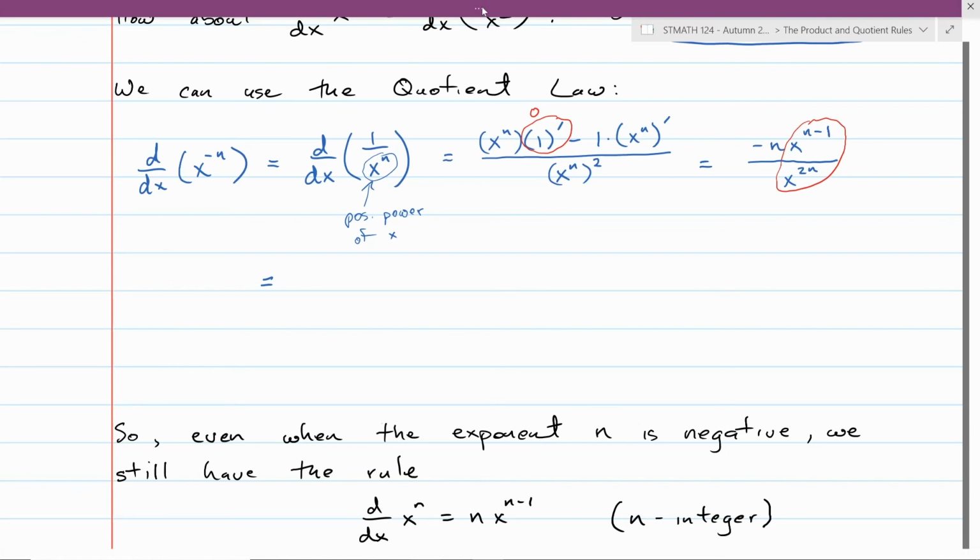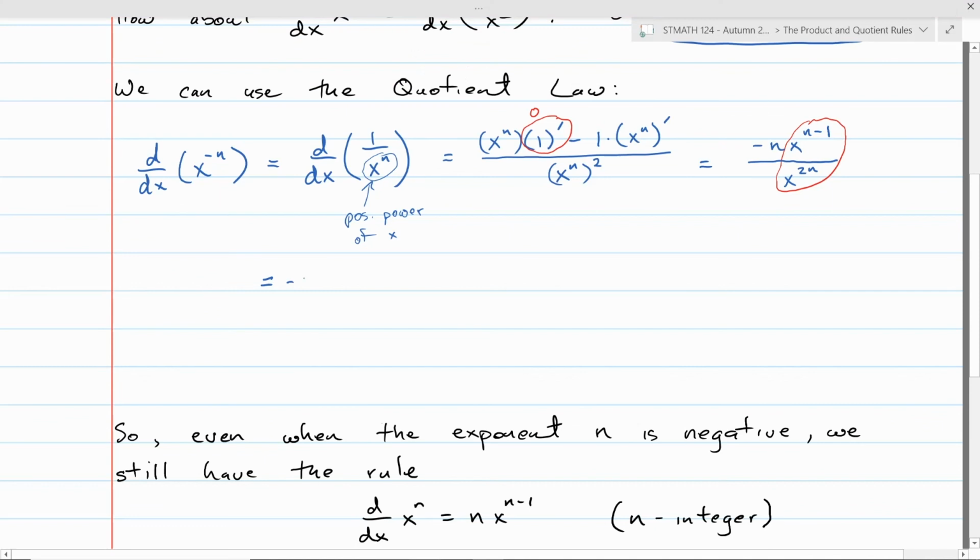I can subtract the exponents and get rid of the fraction essentially. So that'll become negative n x, and then you take the power in the numerator and subtract the power in the denominator. And then when you simplify the exponent, you get x to the negative n minus 1.